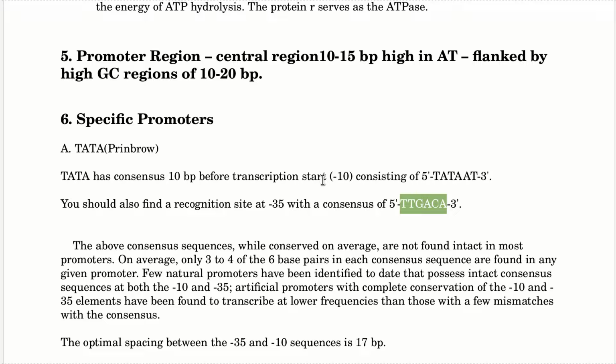It's much closer, but this one needs to be about 25 from it. So if that one's at -5 or 6, then this one is going to be what, at -30. They do tend to need to be a certain distance apart, but there is a 30 base pair region.